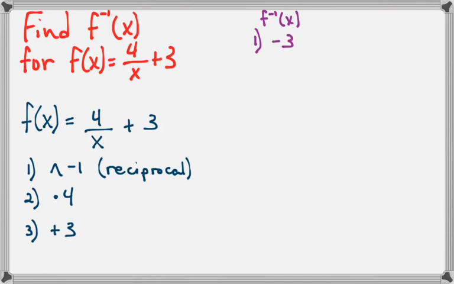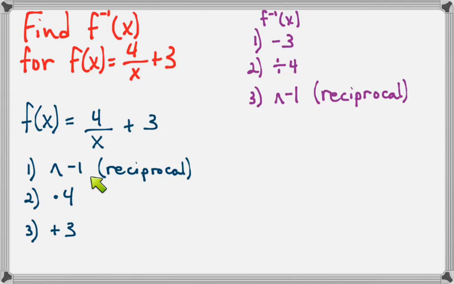Now, f inverse, the first thing would be to undo the plus 3 with a minus 3. Then we undo the times 4 with the divided by 4. Then we have to undo the negative 1 power. Now I know the opposite of a power is a root, but I don't think you really want to get into the negative 1 root. Let's just remember that this is a reciprocal. So how do you undo a reciprocal?